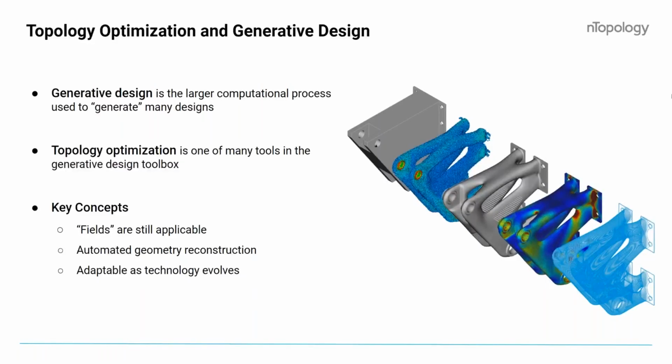Excited to be here today. Jumping off where John left off, I think it's important to set the stage for what we're going to cover today. We'd like to talk about topology optimization, yes, but also in the context of some of the core things that we work on here at nTopology.